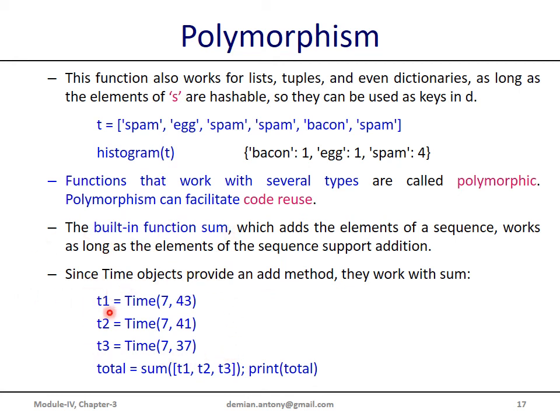Let us say we have t1, t2, t3 like this, and we can get the sum of all three times by writing a list of objects. So this square bracket represents a sequence containing three objects, and finally we can get the sum as a total.